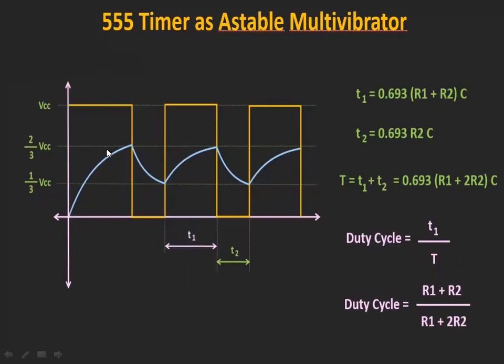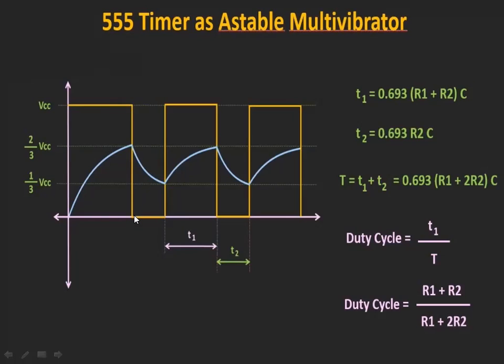In the no change state it will be there, and then after that here it is going to set. When the capacitor voltage is equal to or greater than 2 by 3 VCC, the output is going to change its state.